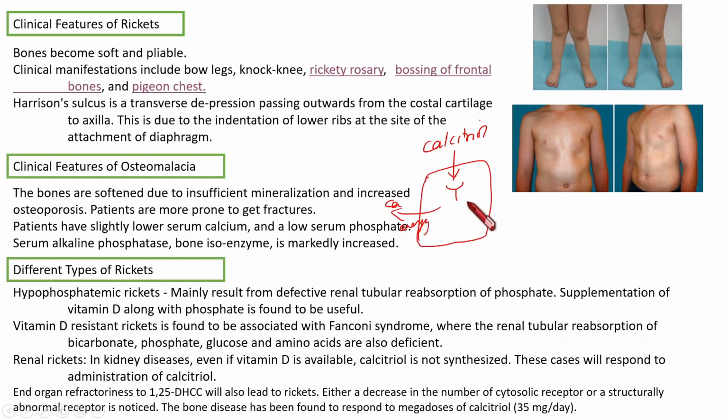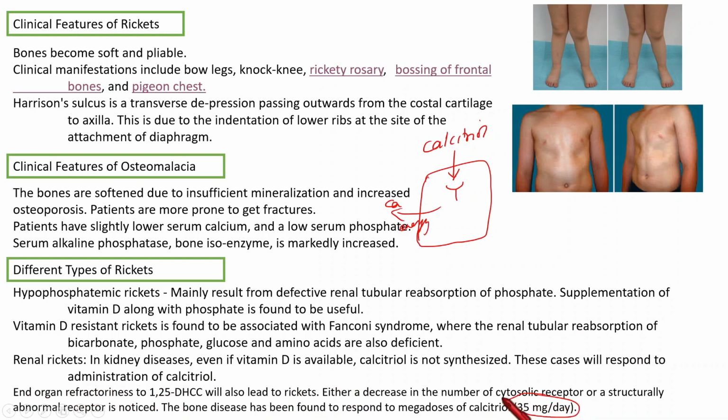In such persons, that condition can be treated by administering mega doses of calcitriol. That's about 35 milligram per day of calcitriol that needs to be administered to people having that type of disease.